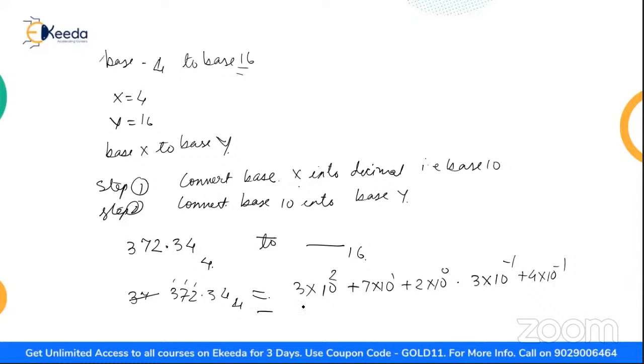So this will be what? 300 plus 70 plus 2, plus 0.3 plus 0.4. So this will be what?